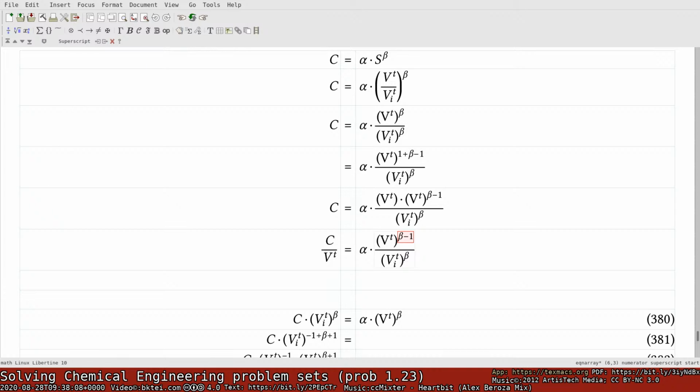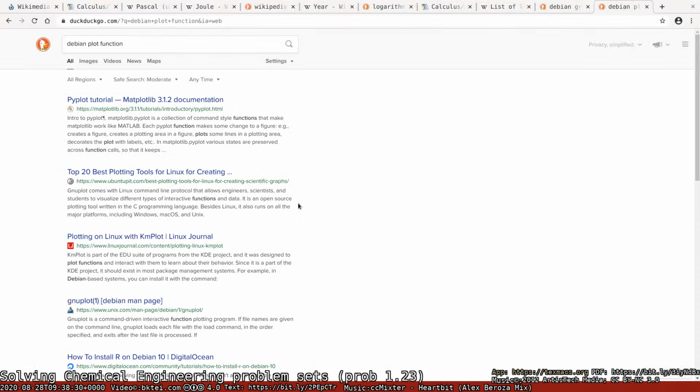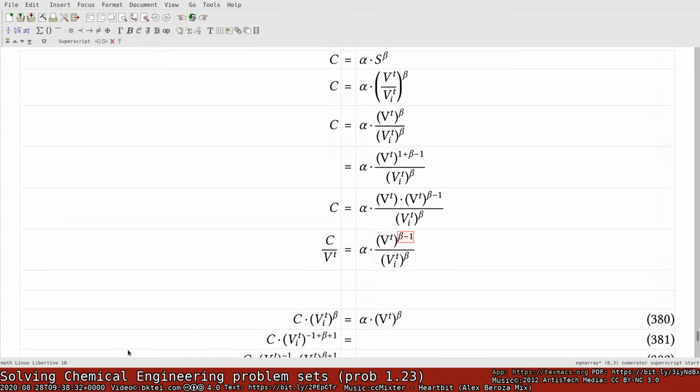F equals x squared. Does that work? Yes, that works. Okay, so let me do ChemE plot then. Window capture, window ChemE plot.